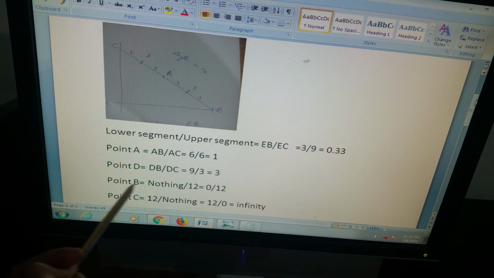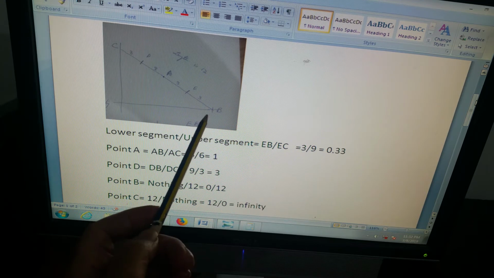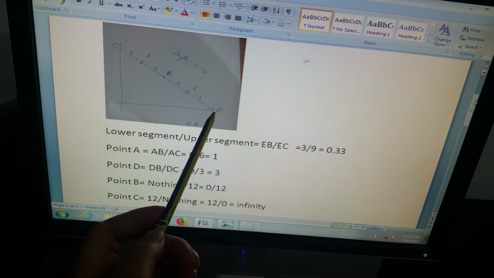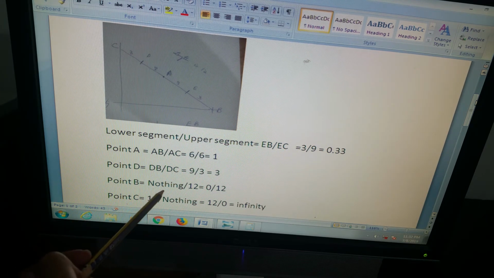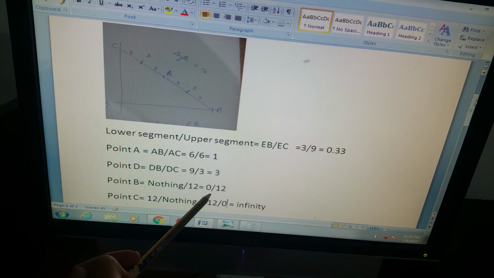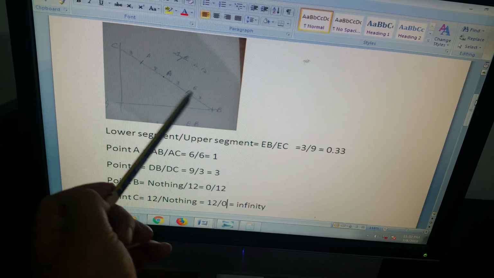Alright, let's go to point B. Where's point B? Point B is here, on the x-axis. So what is the lower segment here? The lower segment of B is nothing. There's nothing below B. The line finishes at B. So nothing in math, of course, is 0, divided by 12. 12 is CB.